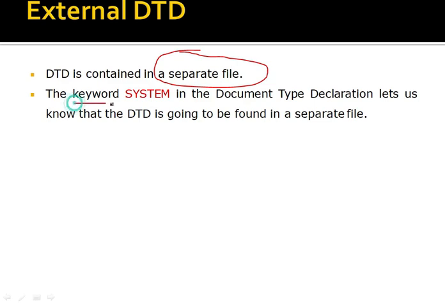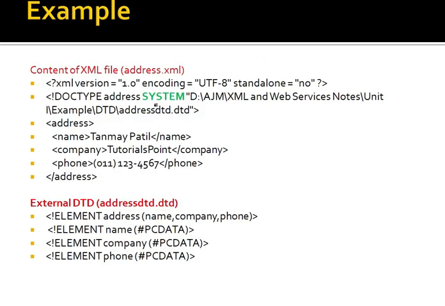Here the keyword SYSTEM in the document type declaration lets us know that the DTD is going to be found in a separate file. So in the declaration you will have the SYSTEM keyword, and if you look at the example, here you have the external DTD file.